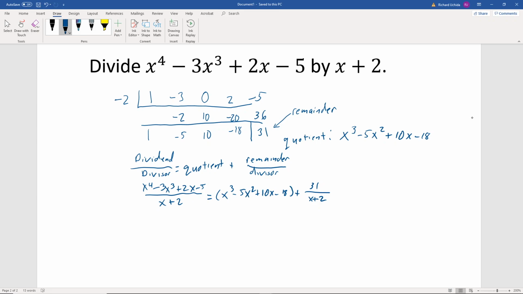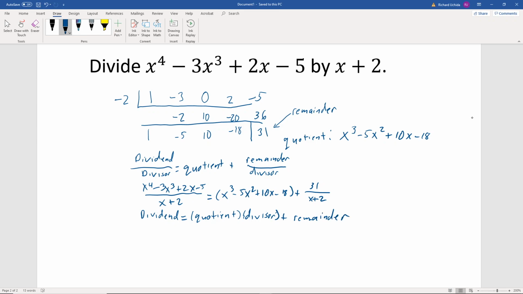Now, what will be more useful in this case is if we take that dividend divided by the divisor equal to the quotient plus the remainder divided by the divisor. If we multiply both sides of that by the divisor, so we multiply each term by the divisor, then on the left-hand side we would just have the dividend, equal to our quotient times the divisor plus the remainder.